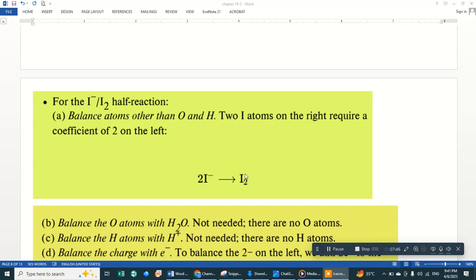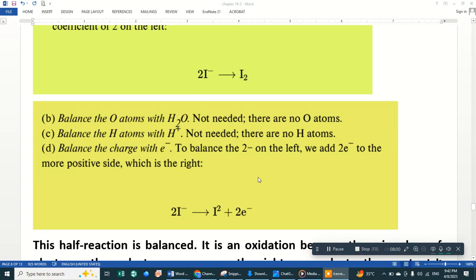In other words, that is the oxidation process. In the oxidation process, electrons are lost. To represent the lost electrons, we put 2 electrons on the right hand side. Now in the oxidation reaction there are 2 electrons, while in the reduction reaction we have already discussed 6 electrons on the reactant side.